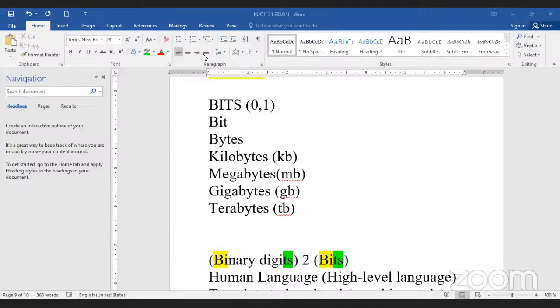So when you purchase 1 GB of data, how many MBs will you be given?